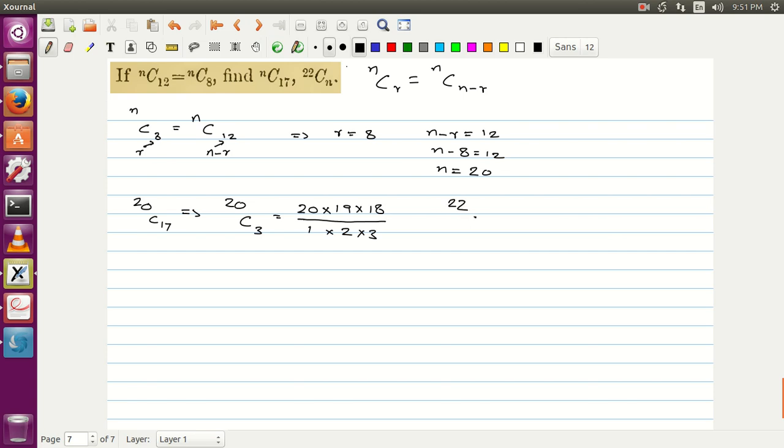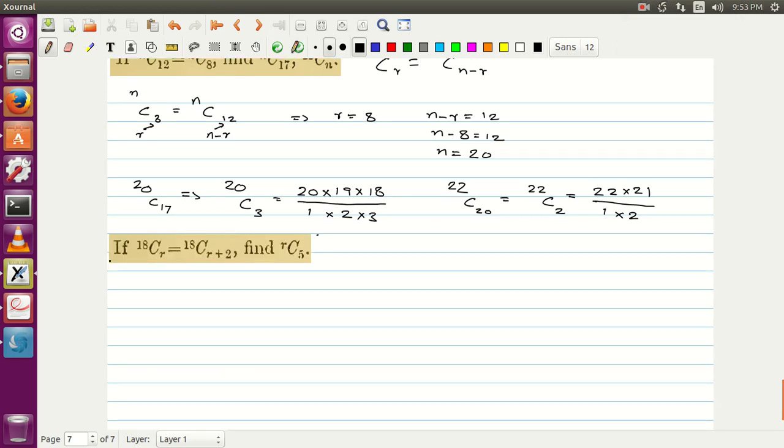Similarly 22C20 will be equal to 22C(22 minus 20), which is 2, and this is just 22 times 21, 2 terms in the numerator, divided by 1 into 2, and again use your calculator to find this.